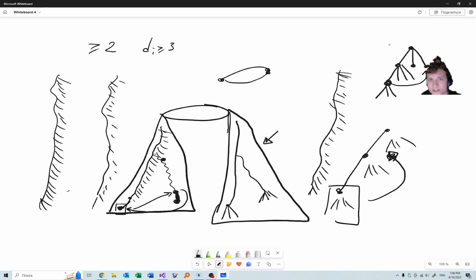So now the tree looks like this. It is a path. And here no leaves, here no leaves, here no leaves, here no leaves. And maybe here there might be some leaves.